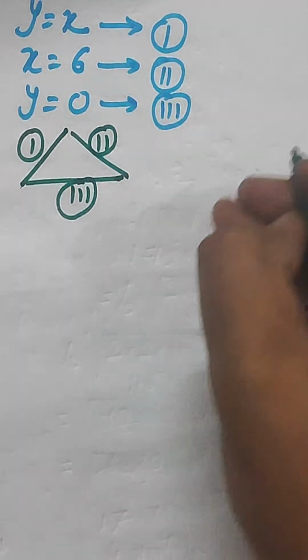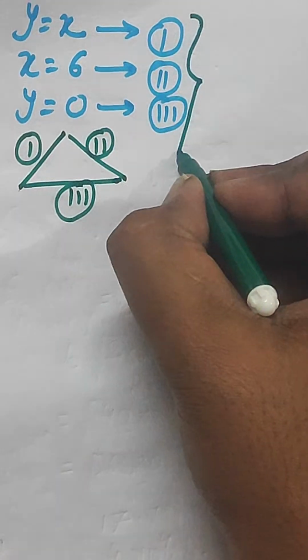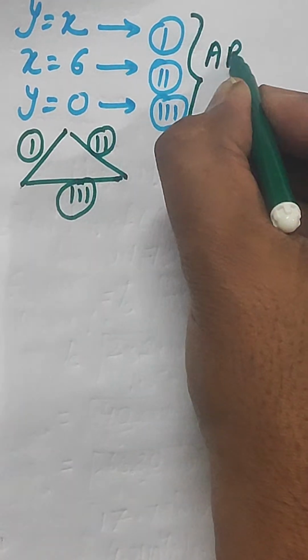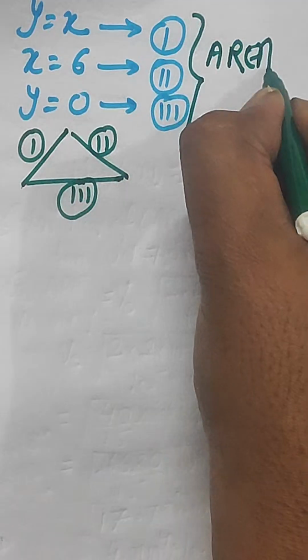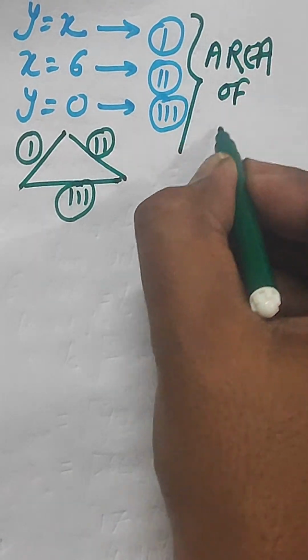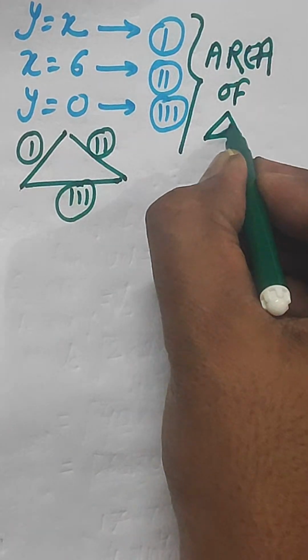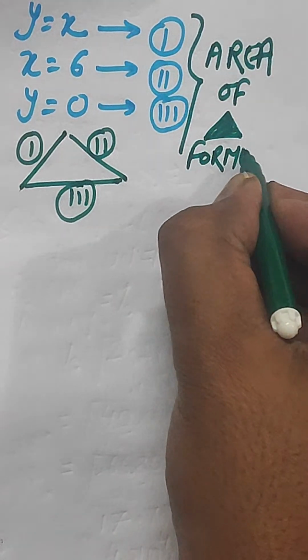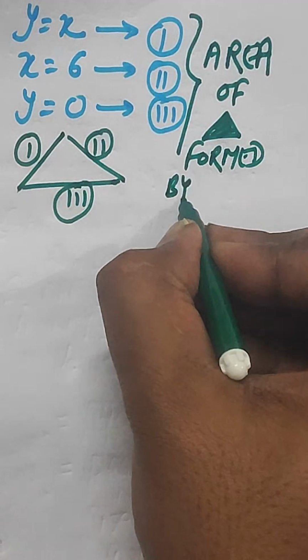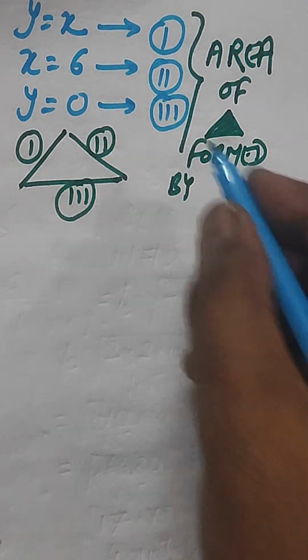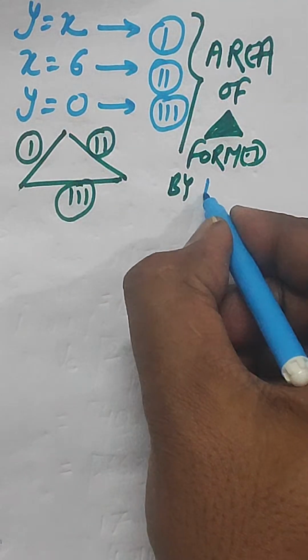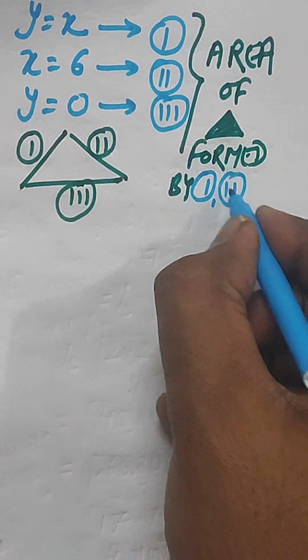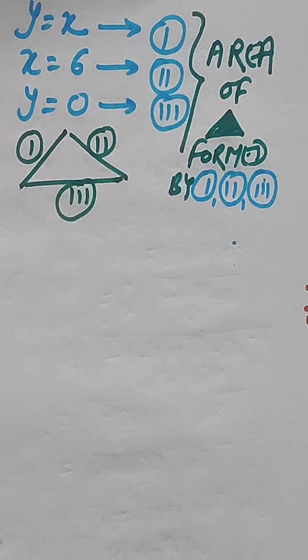So to find the area of the triangle formed by these three equations, by equations 1, 2, 3.